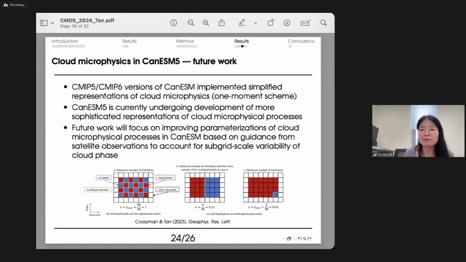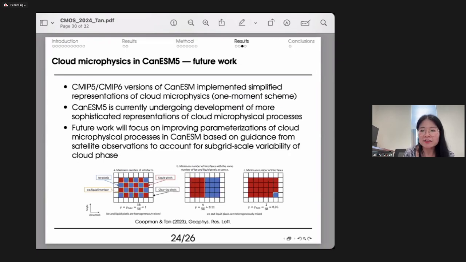Currently, the simplified microphysics in CanESM are in the process of being revamped to more sophisticated cloud microphysics. And in future work, we plan to collaborate with ECCC folks to improve some of those parameterizations in cloud microphysical processes.